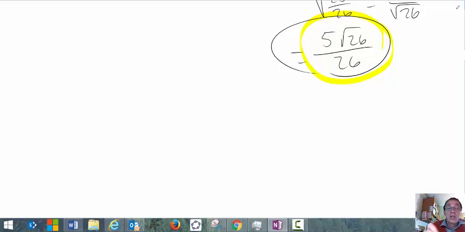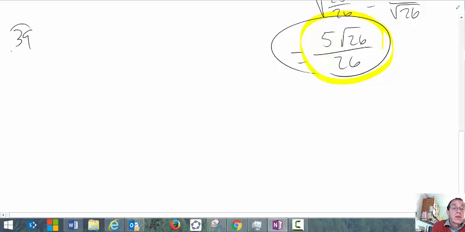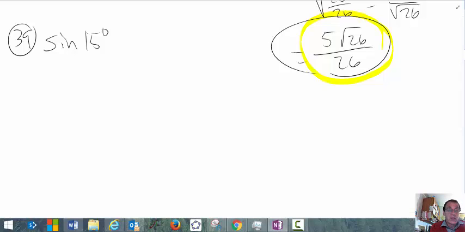Okay, let's see how we can use one of these formulas to actually find an actual sine or a cosine or a tangent. And I'm going to do all three. We're starting with number 39. So we're looking for the sine of 15 degrees, we're looking for the cosine of 15 degrees, and we're looking for the tangent of 15 degrees.